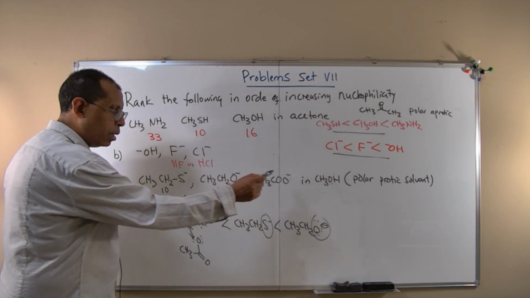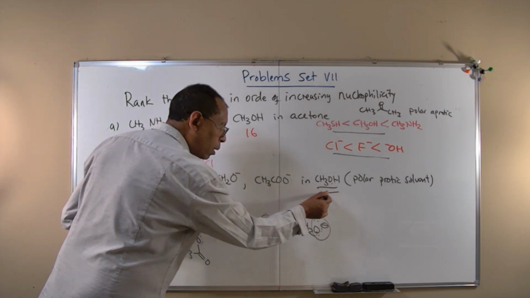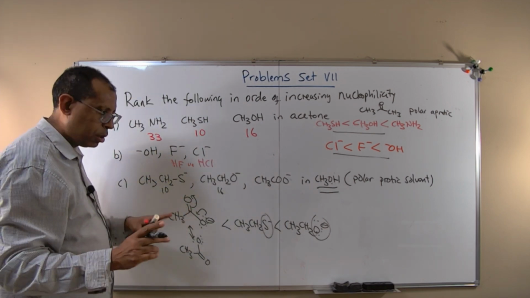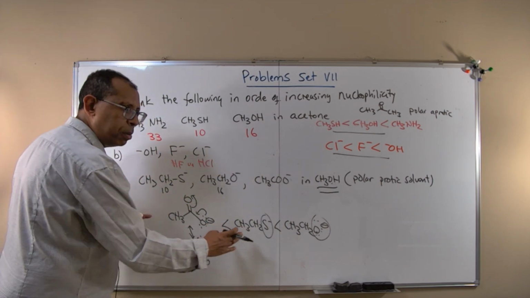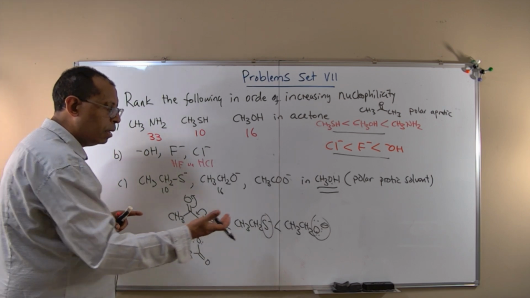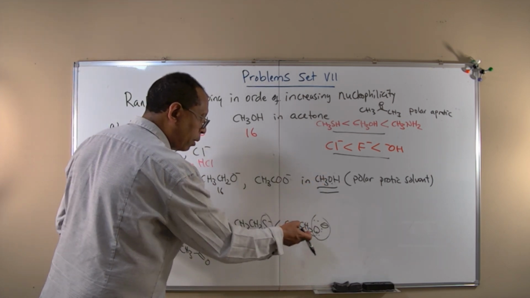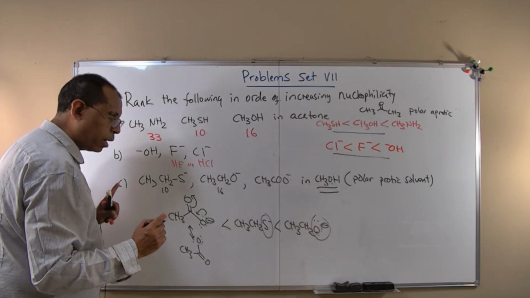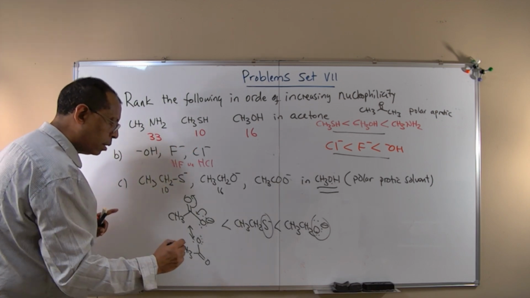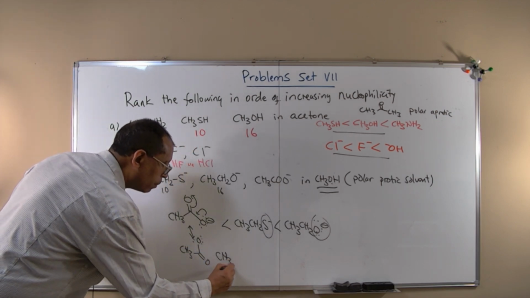So considering it is run in methanol, now the order changes, because this will not be solvated by hydrogen bonding as compared to this one. So the order now would be, the right answer would be CH3.